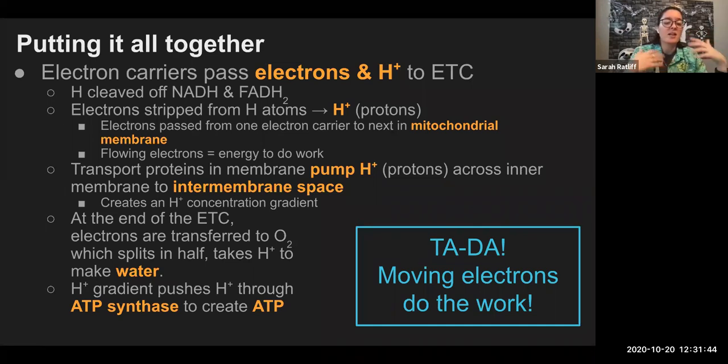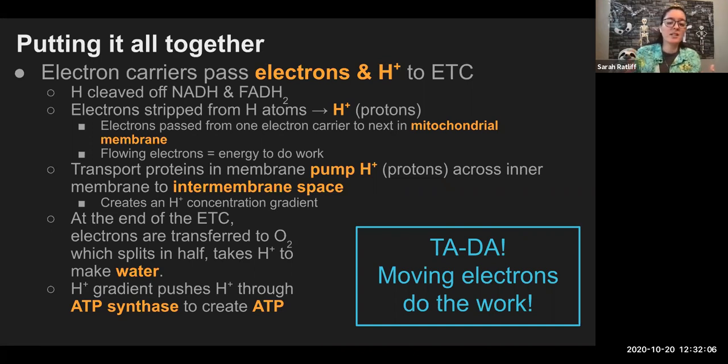Those electrons that are released are going to go through the proteins in the membrane. Those electrons have some energy, so they can do the work, that active transport of pumping those H+ ions against the concentration gradient. We're building this concentration gradient. Super important for our last step.